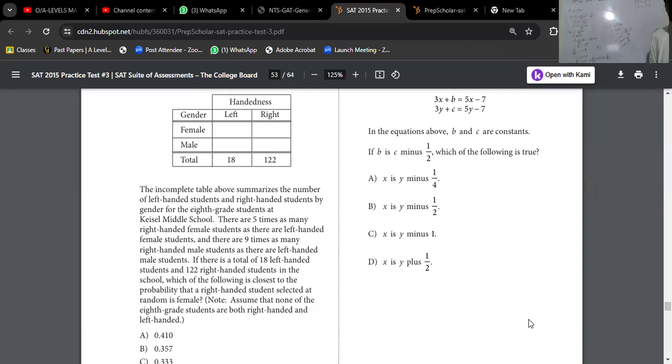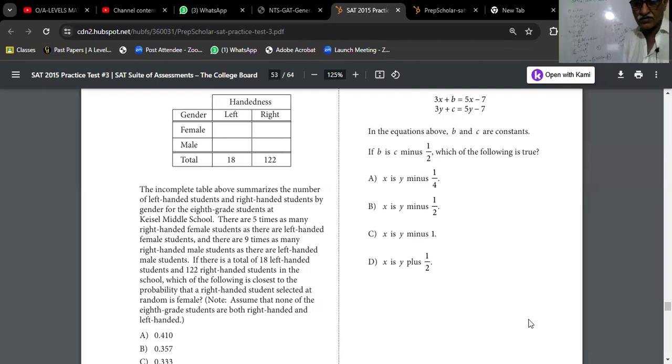We know that the total population is, let's say, X is female and Y is male there. So X plus Y, the first step, is equal to 18, male and females total.